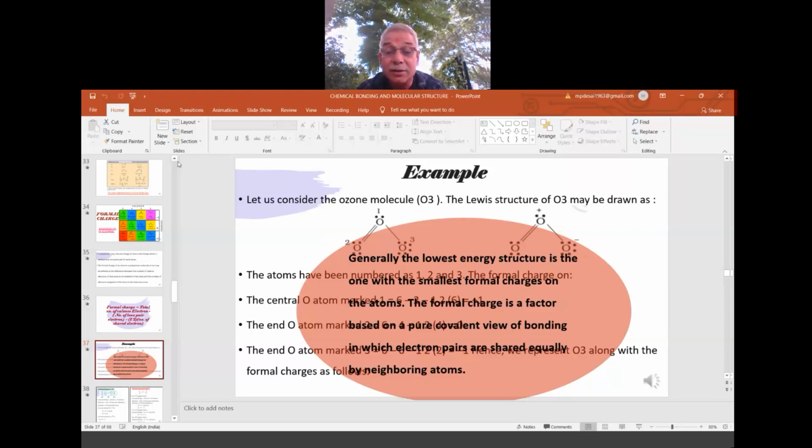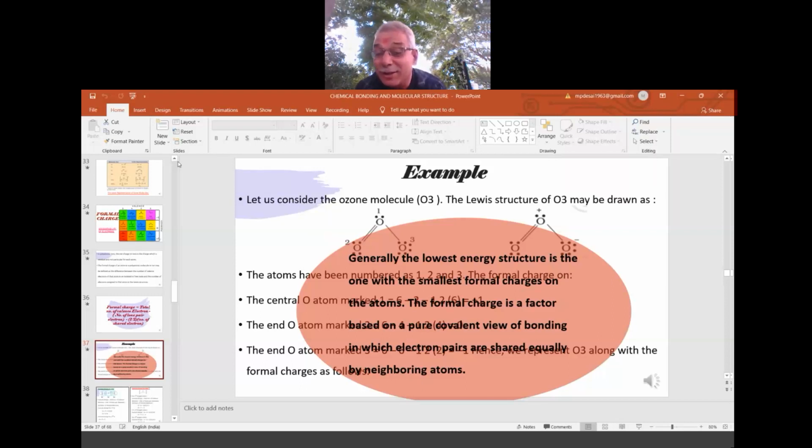And on the third, the end atom O marked with 3, it is 6 minus half into 2, that gives minus 1.